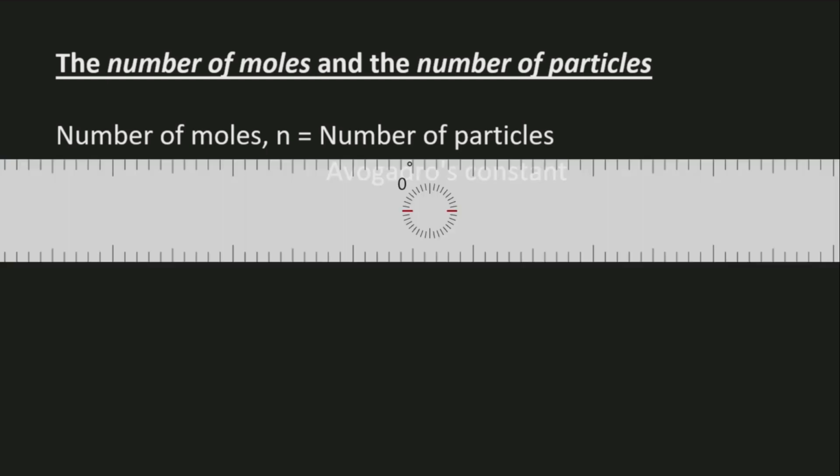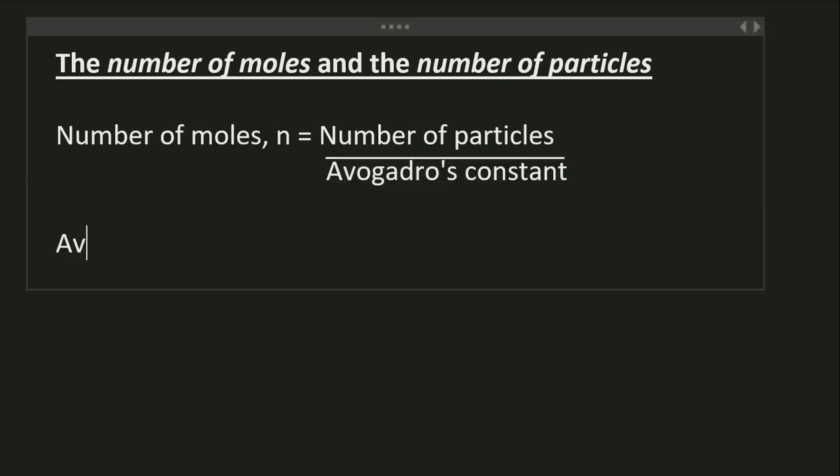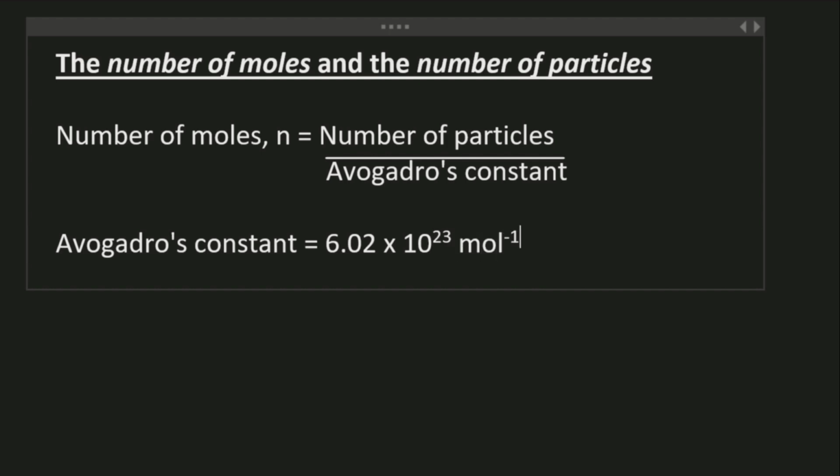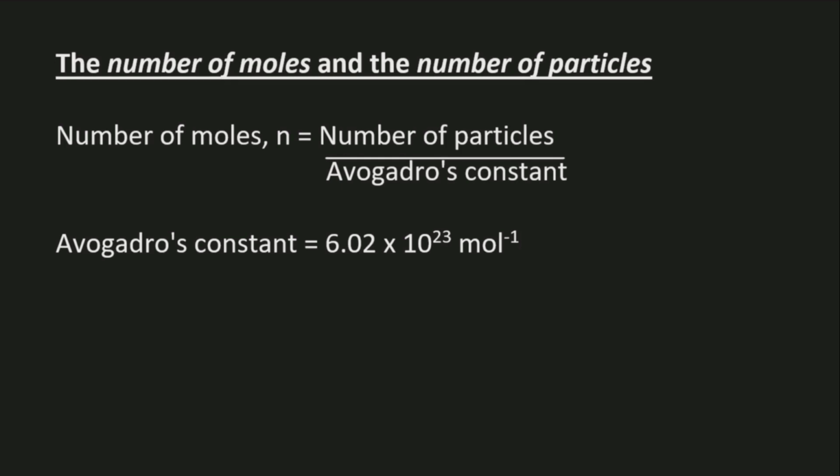Let's just make a note. Avogadro's constant is equal to 6.02 times 10 to the power of 23. The unit for this is per mole.